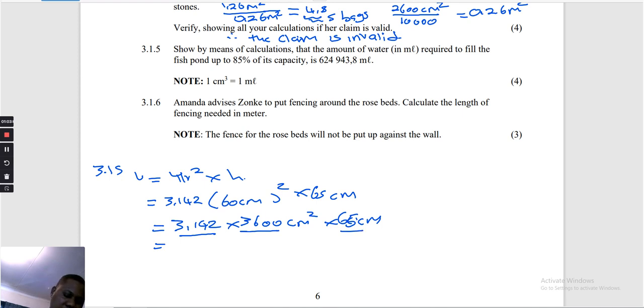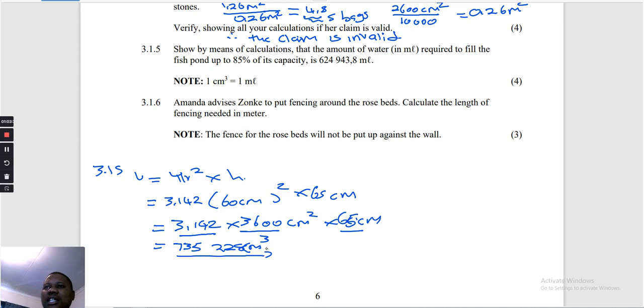3.142 multiplied by 3,006 multiplied by 65. We get 735 228 centimeter cubic.